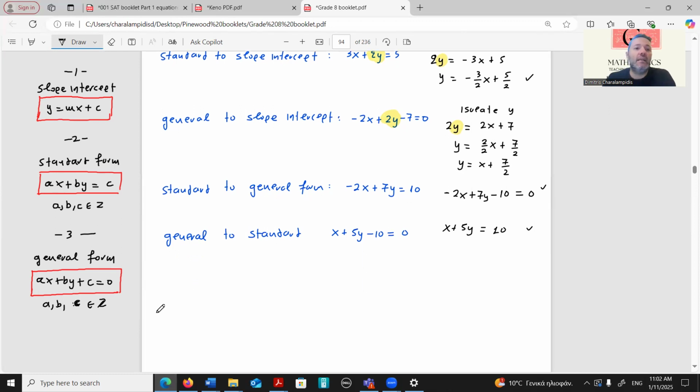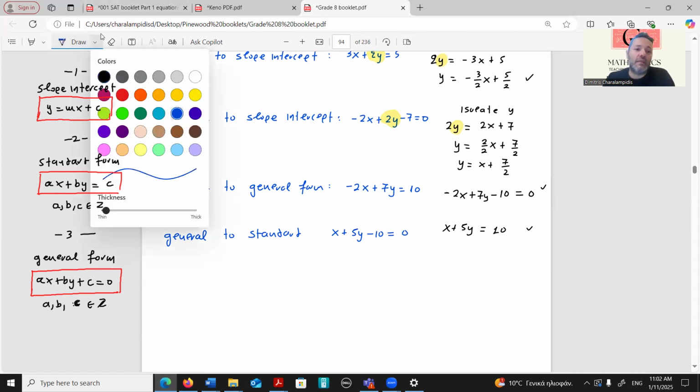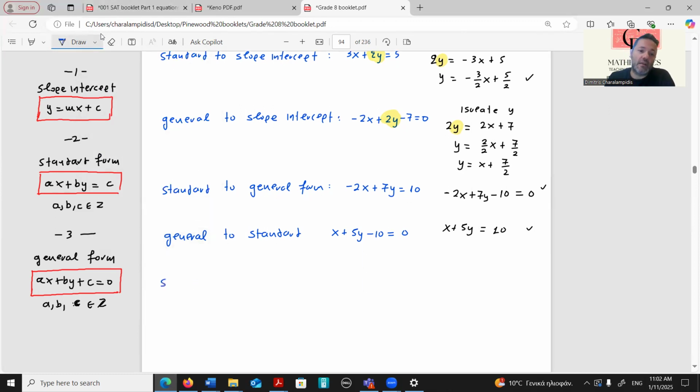And finally, let's see how I can go from the slope-intercept to standard. Let's say that we have y equals 2x plus 9.